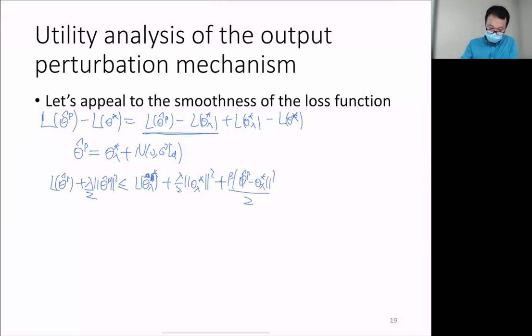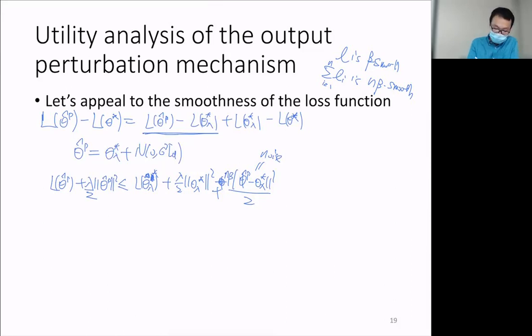So we're assuming that the individual L_i is beta smooth. Therefore, the sum over L_i, i from 1 to n, is n beta smooth. Okay, and then this is simply the noise, right? So this is the squared L2 norm of the IID Gaussian noise.